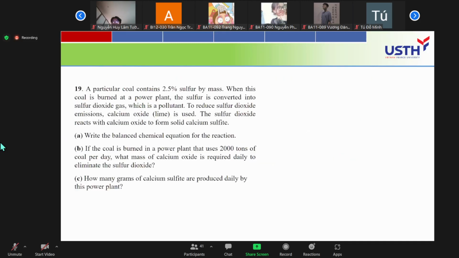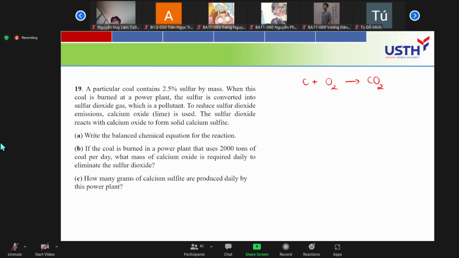The last exercise here relates to some calculation. Firstly, let's understand the phenomenon up here. Normally, you have a process of burning coal in a power plant, which is represented by the reaction of carbon and oxygen to form CO2.